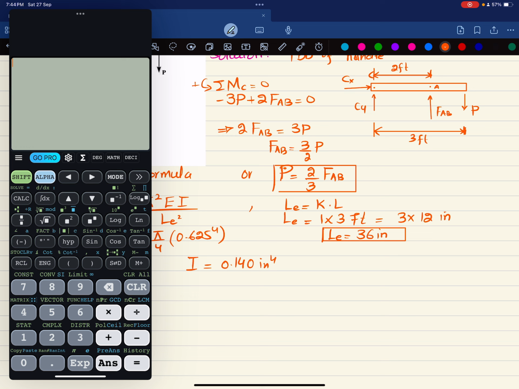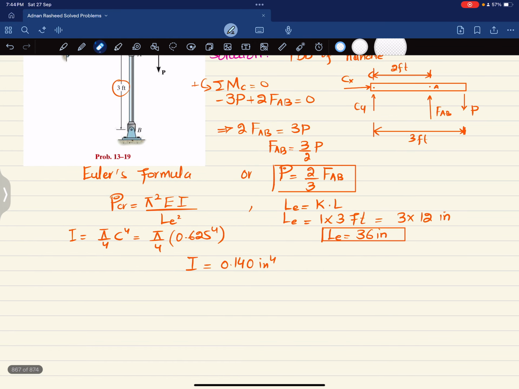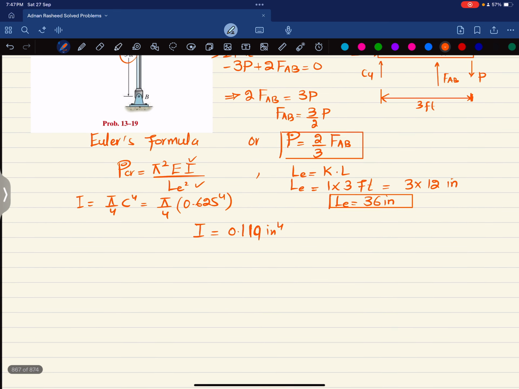Let me check it again. 0.625 to the power 4, multiplied by 3.1417, divided by 4, which is 0.199. Sorry, so this is 0.119.